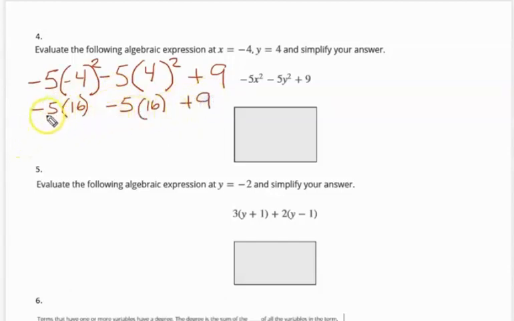So when we do this, a negative 5 times 16 is negative 80, and then a plus 9. So this is a negative 160 plus 9 gives you a negative 151.